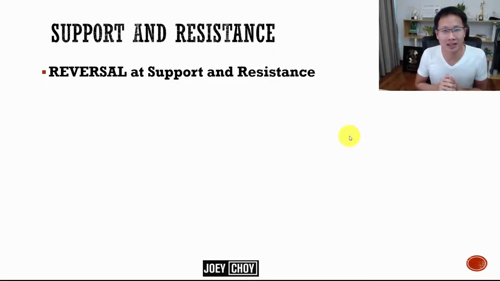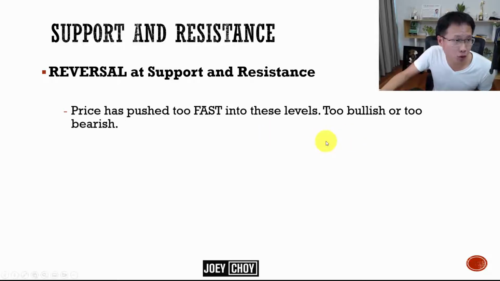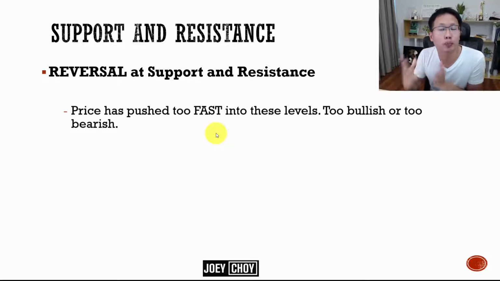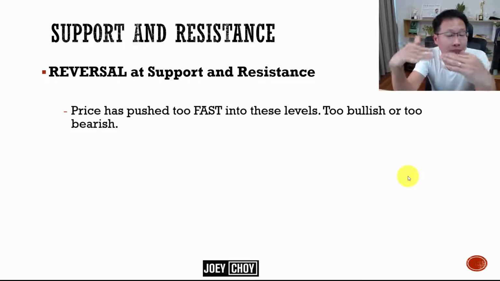So how do we tell whether it is likely to reverse or maybe to break that level? So we're going to dive into that. All right, so basically, when price has pushed too fast into a support or resistance, that means either too bullish or too bearish. For example, we have a resistance level. It touches many times and came back down.